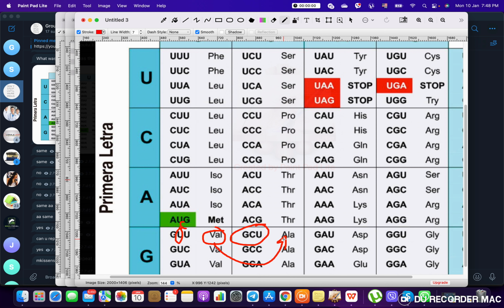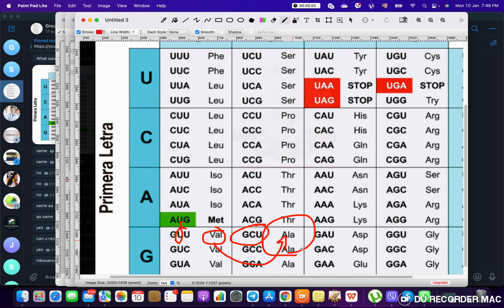Alanine is a totally different amino acid, which can lead to actual disease. But if this new amino acid creates a protein that has the exact same function as the valine, then it's okay. No problem will happen to the patient. But if the new protein made has a totally different function, the patient will be sick.